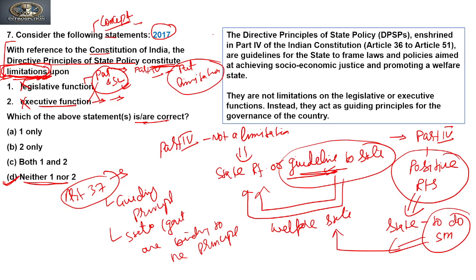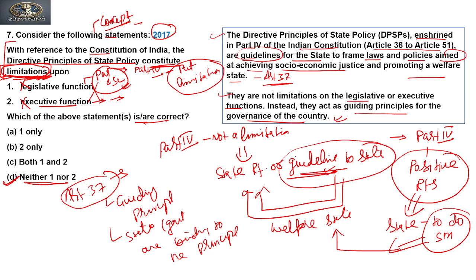So if you see, the directive principles of state policy enshrined in Part 4 of the Indian Constitution, that is Articles 36 to 51, are guidelines for the states to frame laws and policies aimed at achieving socio-economic justice and promoting a welfare state. This has been stated under Article 37. We have already seen this. They are not limitations on legislative or executive function. Instead, they act as a guiding principle for the governance of the country.